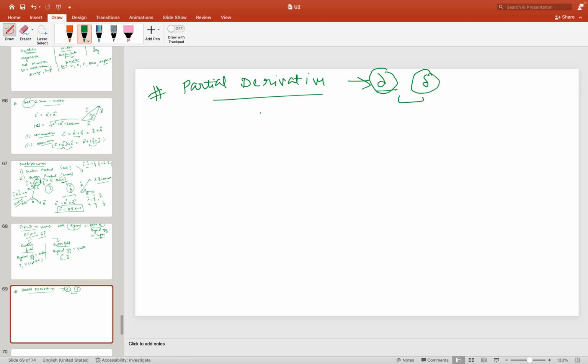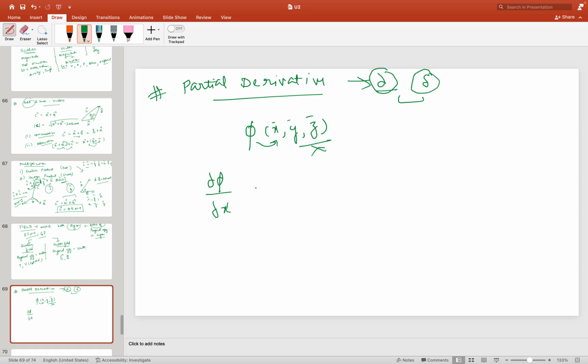So partial derivative arises when a function phi depends on three variables x, y, and z, and I want to differentiate with respect to x only. I want to see the change with respect to x, not with respect to y and z. The function is fully defined only when we have x, y, and z, but I am looking at the change with respect to the x-axis only.